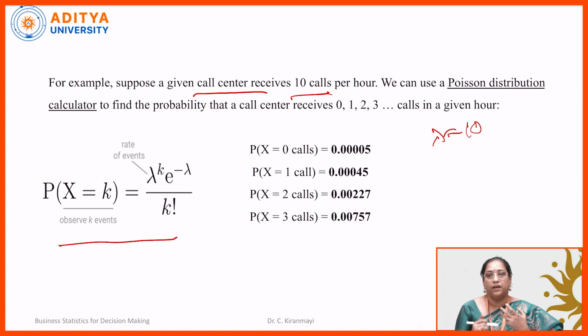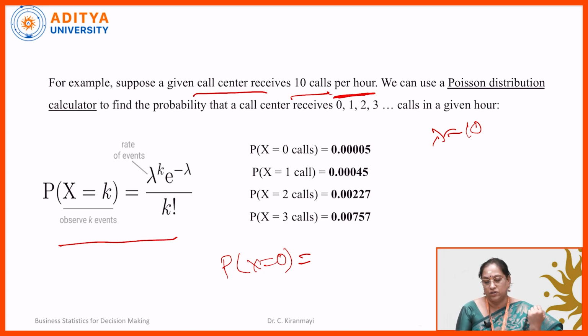Say for example, there is a call center. Somebody may be interested in knowing the probability that the call center will not receive any call in 1 hour. That is, we are asked to find out P of x equal to 0. Why should we use Poisson probability here? We are not given a fixed number of trials or fixed number of events; here the time is also continuous.